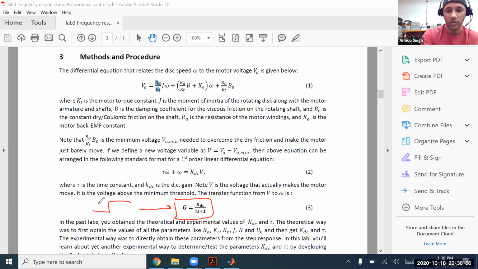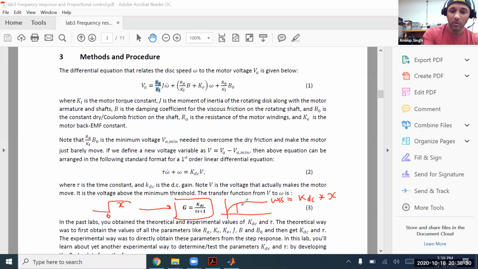This is the V, which is over and above the minimum voltage. So let's say you give a constant V of X to the motor, then the speed of the motor is going to start from 0 and ultimately reach a steady state speed. And this steady state speed is equal to DC gain multiplied by the input voltage X that you give. So by measuring the voltage you give and the steady state speed, you can calculate the DC gain.